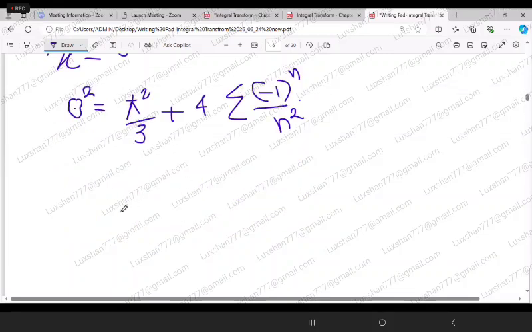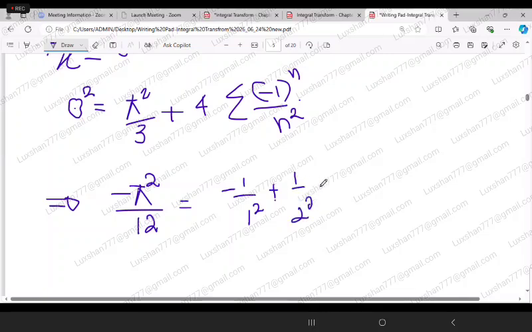So now, when we come to this side, this is minus pi squared by 12 equal to the sum. If you put n equal 1, we get minus 1 over 1 squared, n equal 2, plus 1 over 2 squared, minus 1 over 3 squared, and so on.